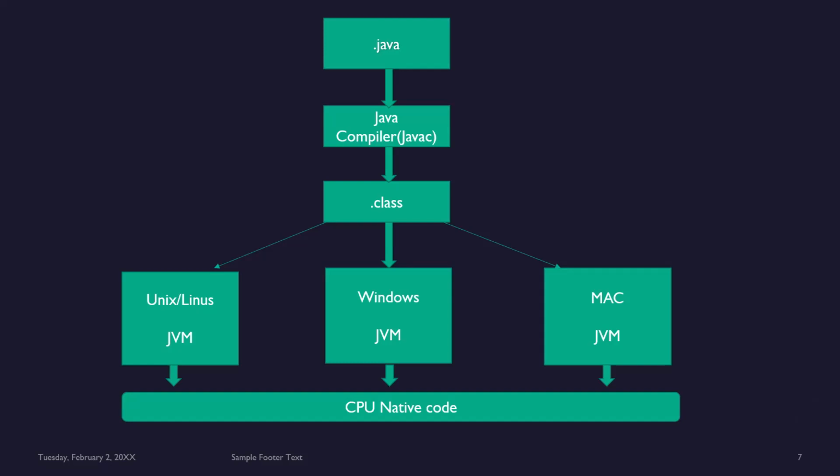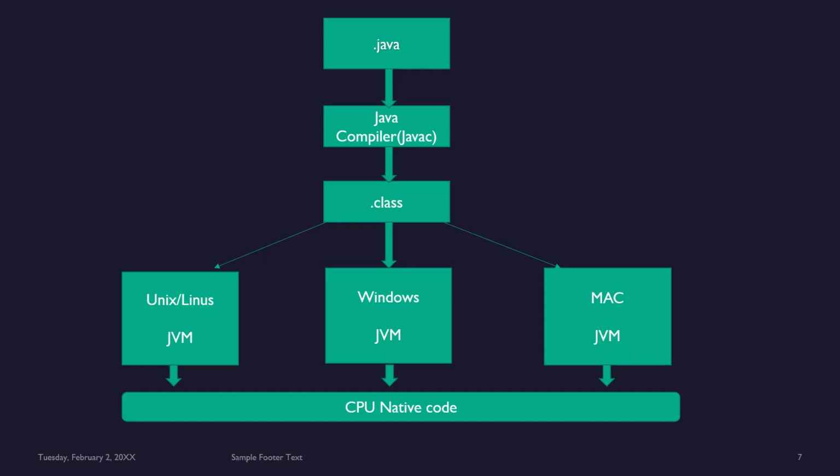So what will happen after that? In computer languages, first you have to compile your code, and then an interpreter translates it into CPU-specific native code. The CPU actually understands only the language of 0 and 1, in the form of bits.